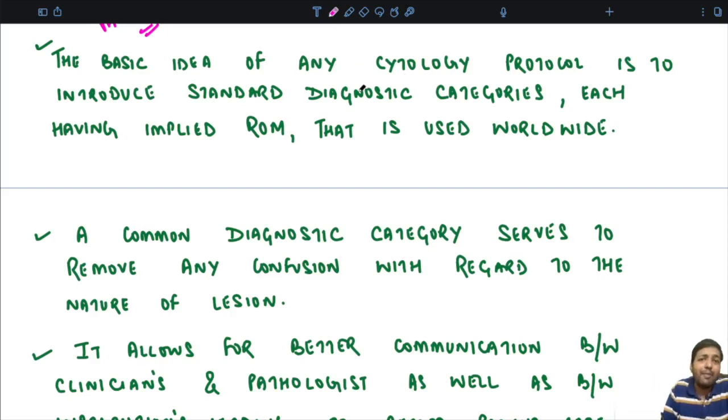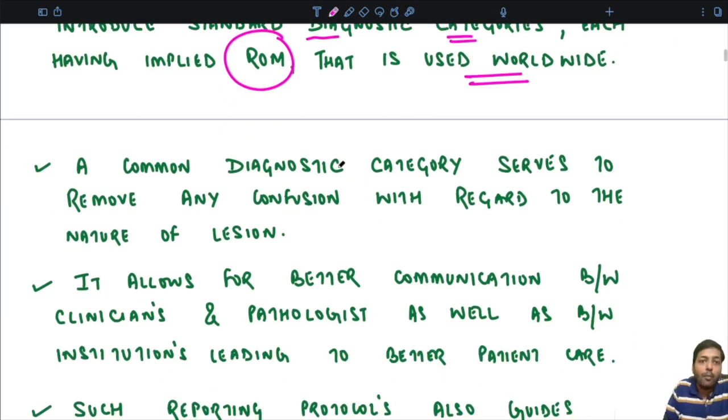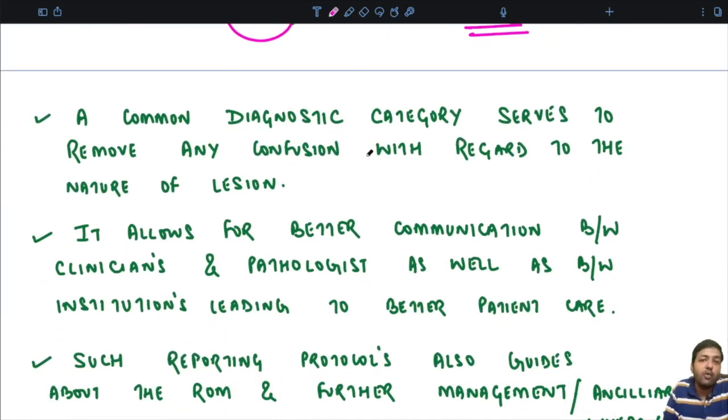The basic idea of any cytology protocol is to introduce standard diagnostic categories, each having an implied risk of malignancy, that are used worldwide, and all these terminologies are reproducible across the globe. A common diagnostic category serves to remove any confusion with regard to the nature of the lesion. For example, with a single reporting system, a doctor in India will call the same lesion benign as a doctor in Europe or a pathologist in America.